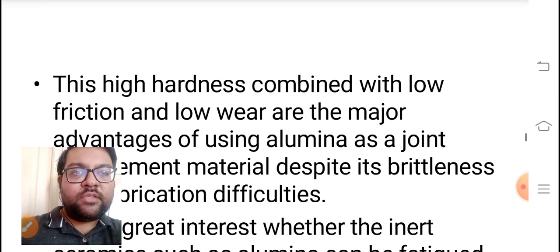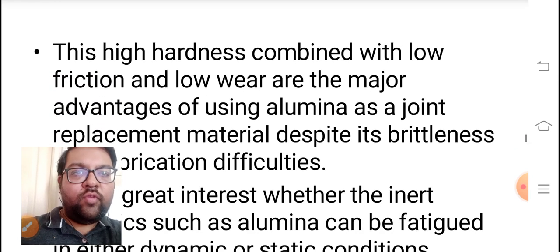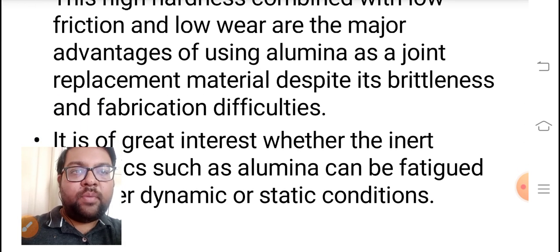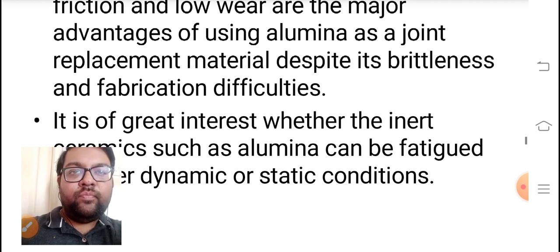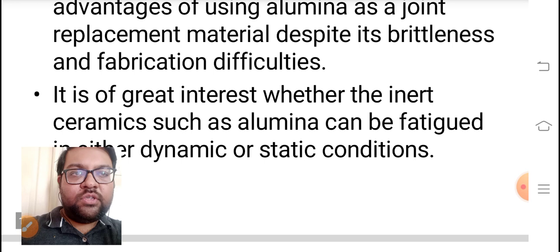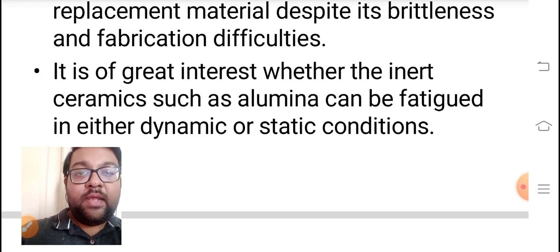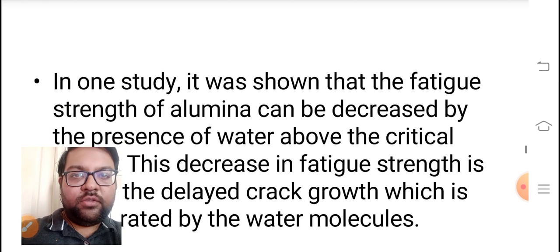This high hardness combined with low friction and low wear are major advantages of using alumina as a joint replacement material despite its brittleness and difficulty in fabrication. It is of great interest whether inert ceramics such as alumina can be fatigued in either dynamic or static conditions.